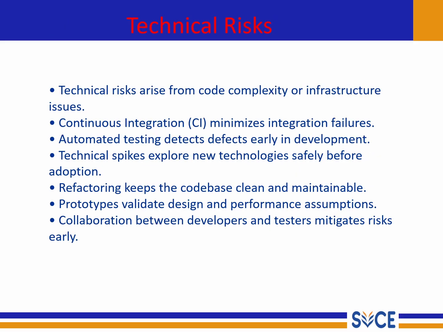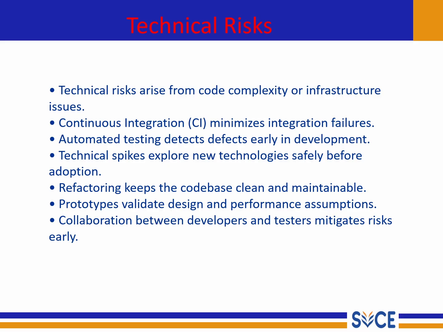In the next slide, we are going to see the technical risk. Here we will see each type of risk one by one. Technical risk arises from code complexity or infrastructure issues. Continuous integration minimizes the integration failures. Automated testing detects defects early in development.